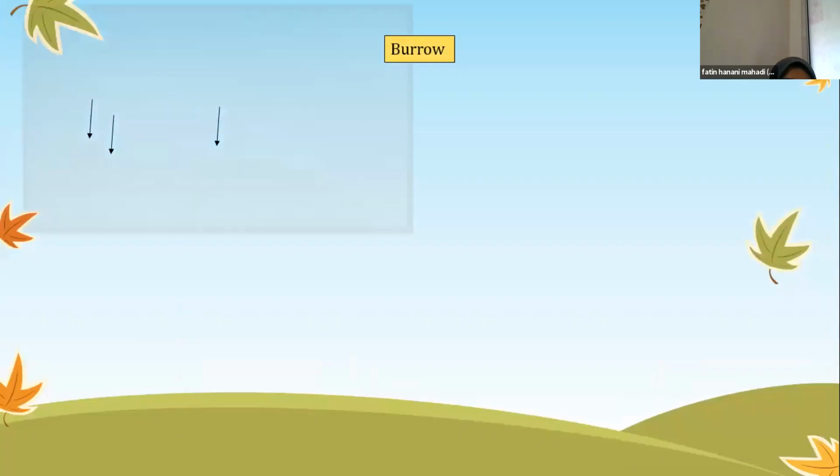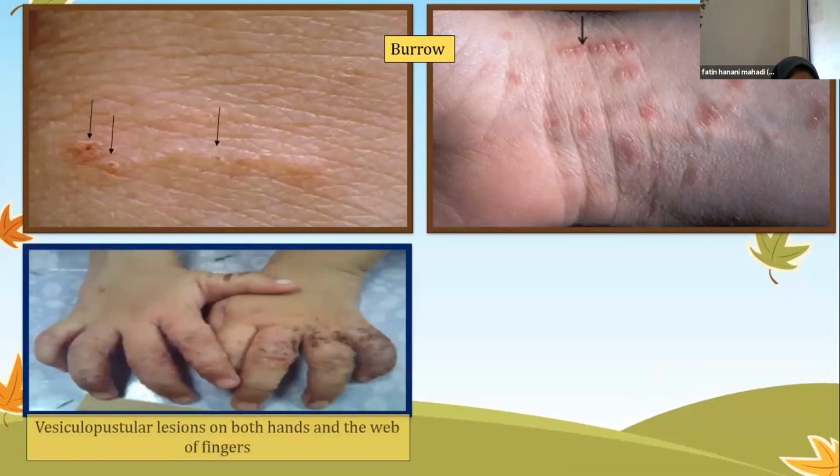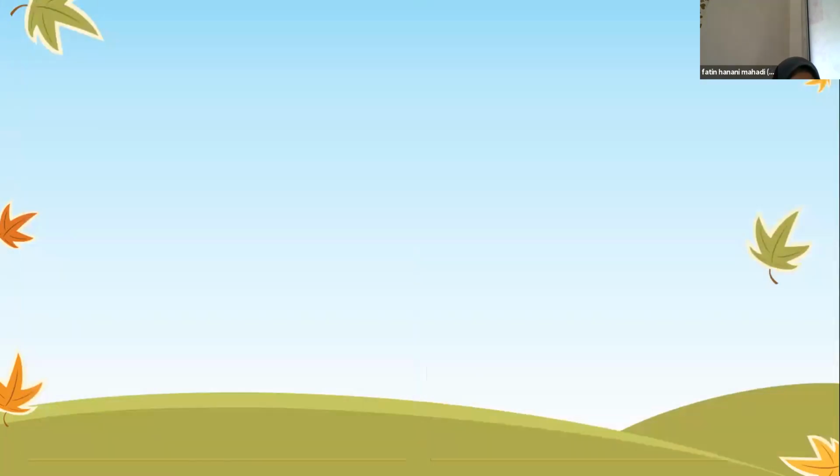Okay. The features would look like this, which is showing the burrows at the wrist, and also this is the vesiculopustular lesions on both hands and the web of the fingers. Meanwhile, this is the vesiculopustular lesions on the lateral aspect of the hands.